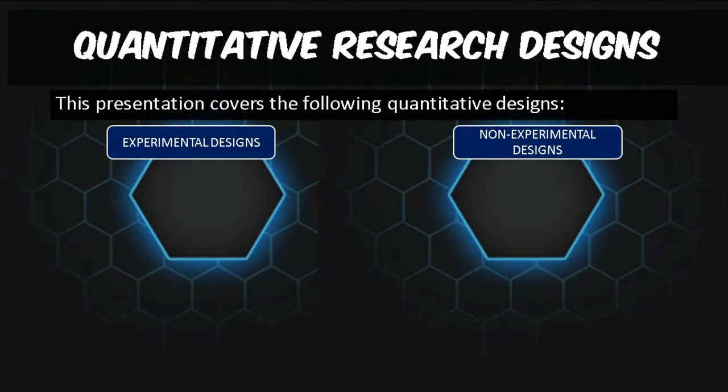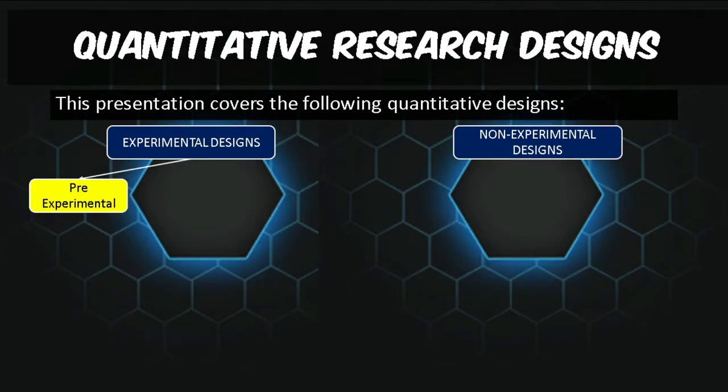I'm going to show you now the summary, the overall designs that will be discussed in this presentation. I am categorizing the quantitative research designs into two. One, the experimental designs, the other, non-experimental designs. And under the experimental designs are subtypes.